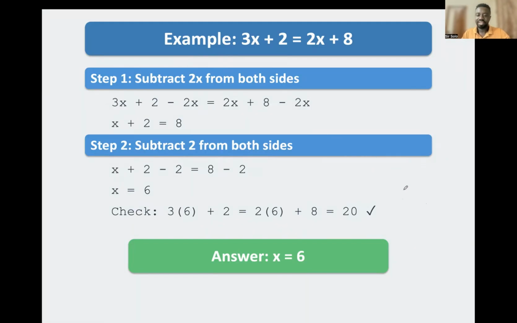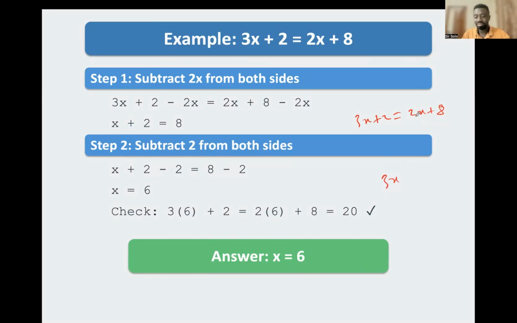Okay, the other way: say we have 3x plus 2 is equal to 2x plus 8. We can move the variables to one side and the constants to the other side, grouping like terms. So you can have 3x, and the 2x will cross.